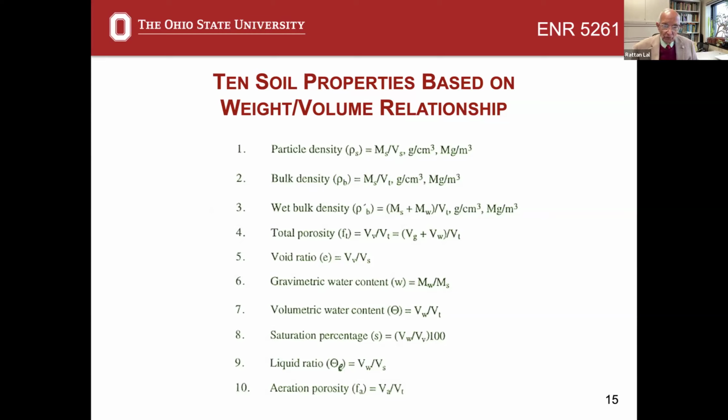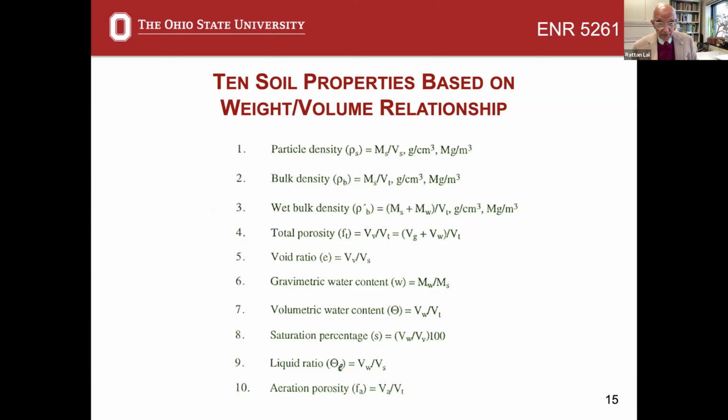So mass of solid divided by total volume, in the same units, megagram per cubic meter or gram per cubic centimeter, is the bulk density. So the difference between particle density and bulk density: mass of solid is the same, the denominator changes from volume of solid to total volume.